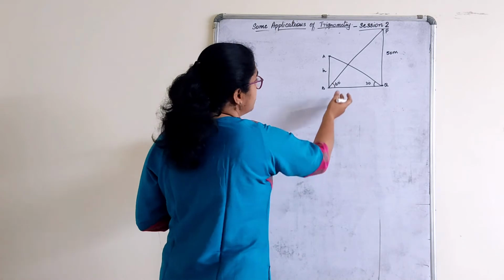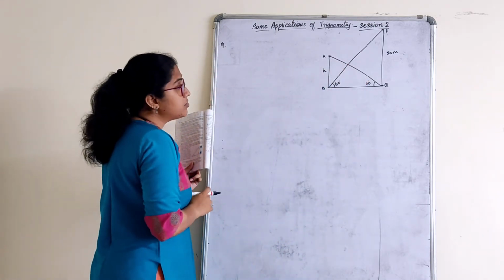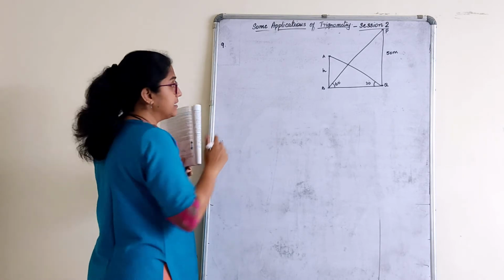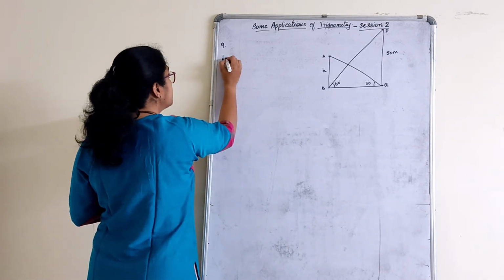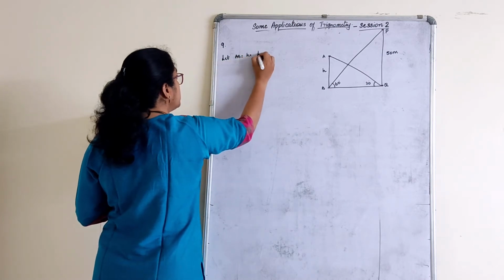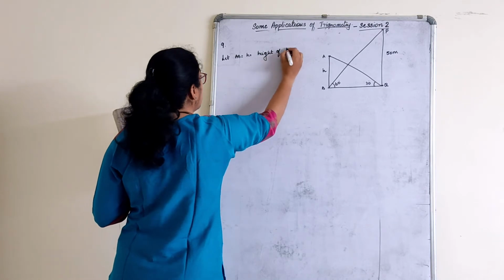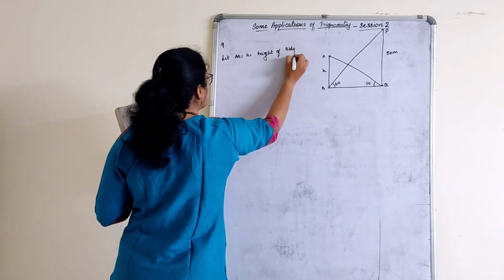So now with this respect, this is one triangle and this is one triangle. Now choose the triangle where you already have a 50. First of all, write: let AB is equal to H is equal to height of building.